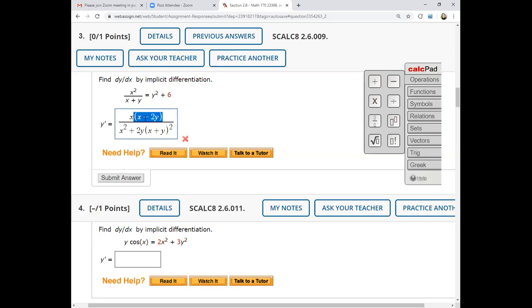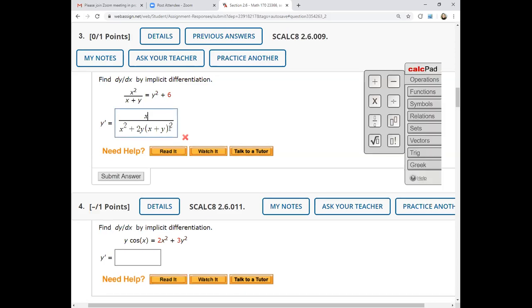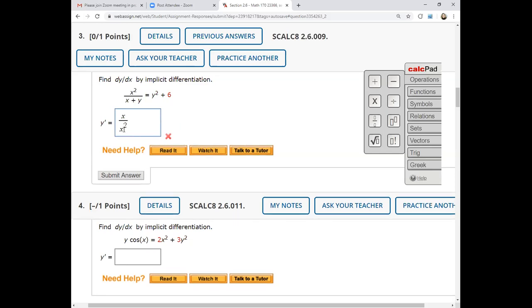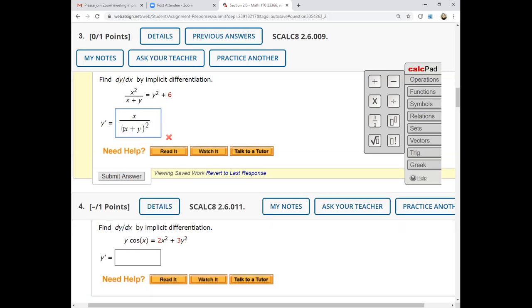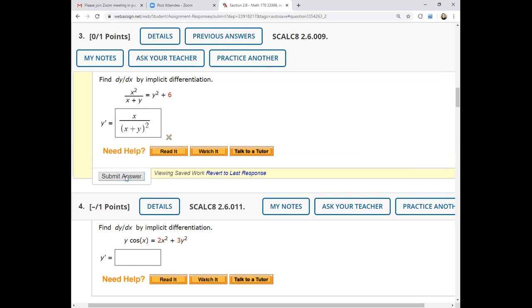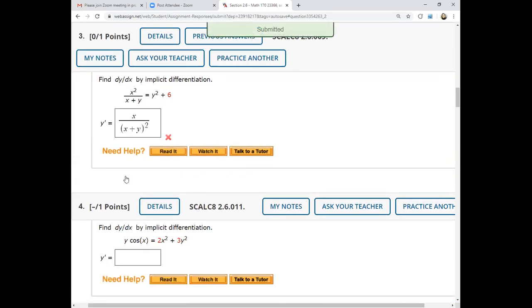So then we have x plus y times 2x minus x squared dy dx, no, plus 2xy minus 3y squared dy dx.